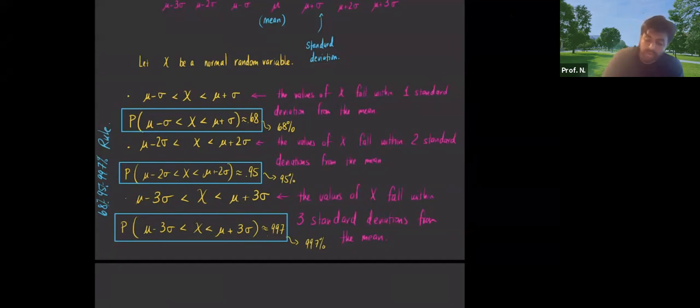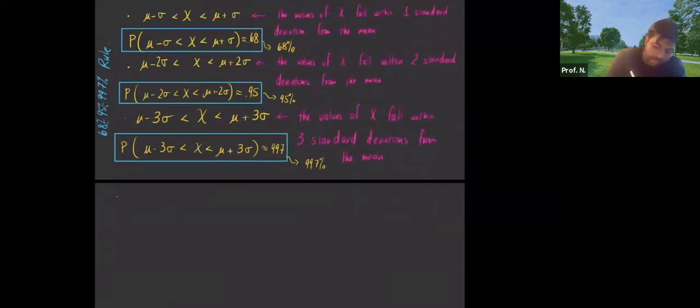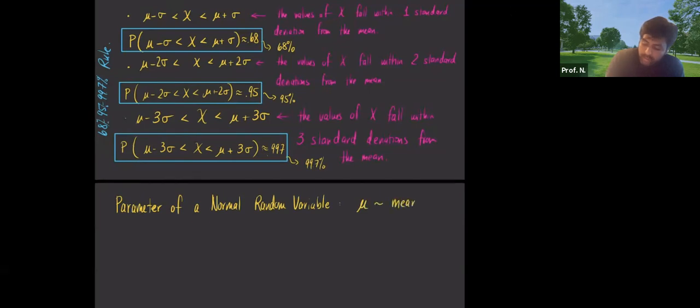The parameters of a normal random variable are the mean and the standard deviation.